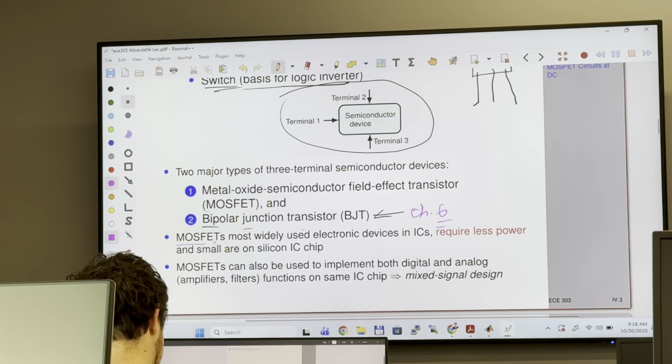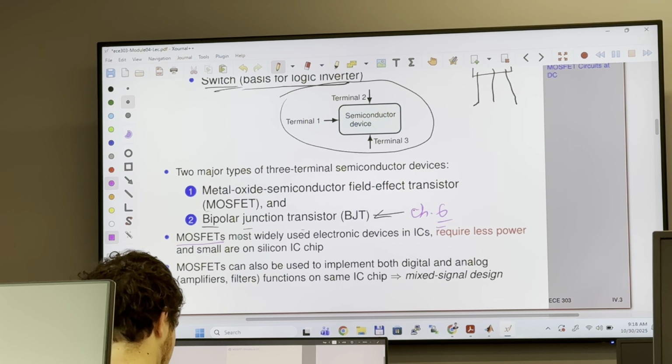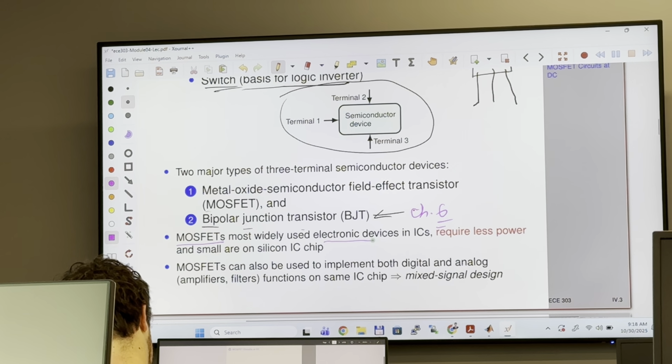MOSFET is very important these days because it requires less power. It is widely used in building electronic ICs, integrated circuits.